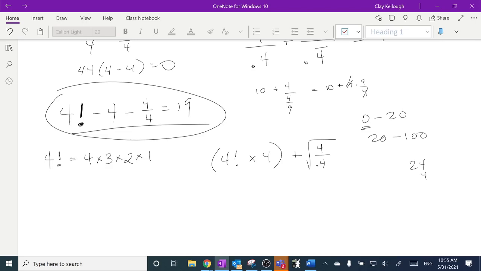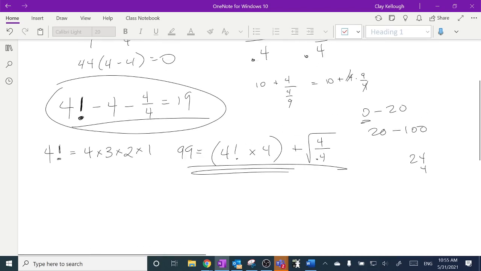So that's 96 plus, and then this is 9, square rooted is 3. So there we go. 96 plus 3 is, oh, that's 99. I'm sorry, you said 97. I'm sorry. You wanted 97. 97 is 4 factorial times 4 plus 4 over 4. There we go. 96 plus 1 is 97.